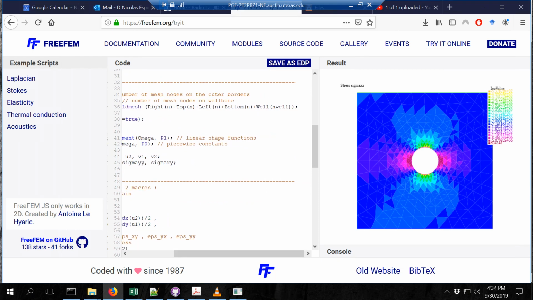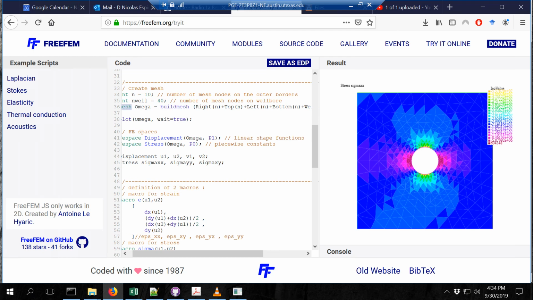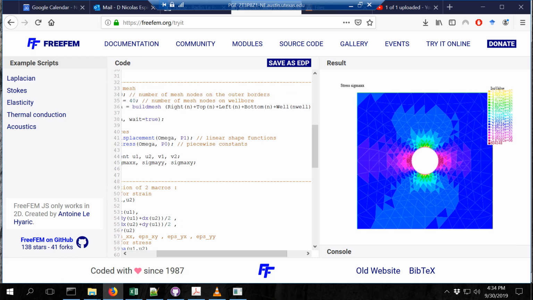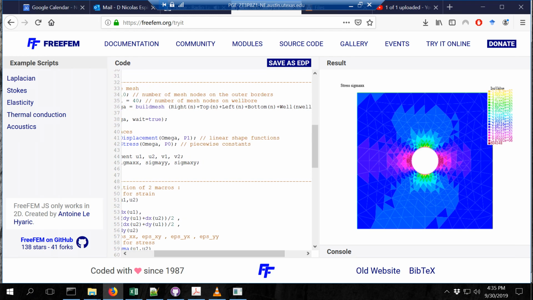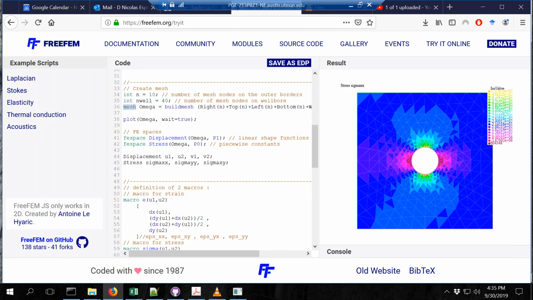It is going to build a mesh with, when n is equal to 10, 10 elements on the right boundary, which was this one, 10 on the top, 10 on the bottom, and I forgot the left one, 10 also, and look, 40 at the wellbore. Why do we want 40 at the wellbore? Because if we just have 10, this will be too coarse. Let me change it to 10.